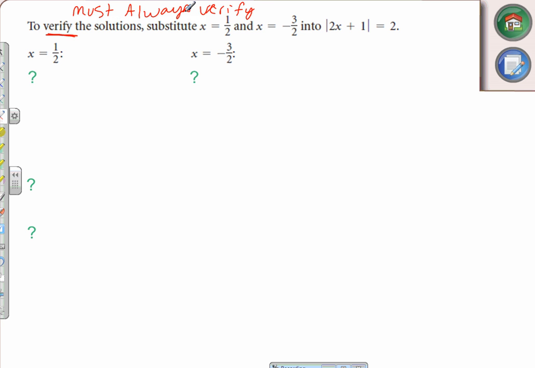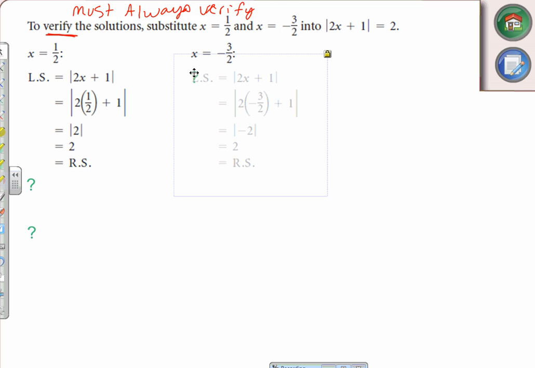The way that we verify is to plug it in. Take the original, substitute it in, and make sure that the left side equals the right side. Plug it into the original absolute value function, not into the case 1, case 2 things. If by plugging it in you get it equal to 2, which was this answer here, then that is a solution. 1/2 works.